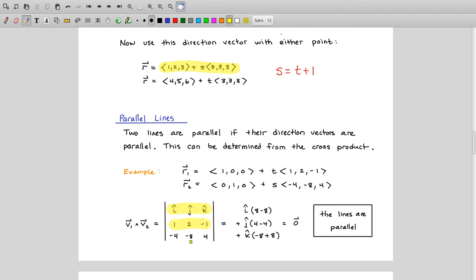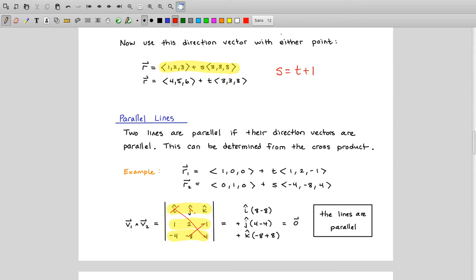i, j, k; 1, 2, -1; -4, -8, 4. We do the math. I'll briefly review this, although I certainly won't do it all the time. I component: we have i times 2 times 4, that's 8i, minus -8 times -1 times i, that's again -8. So 8 minus 8 gives us 0.